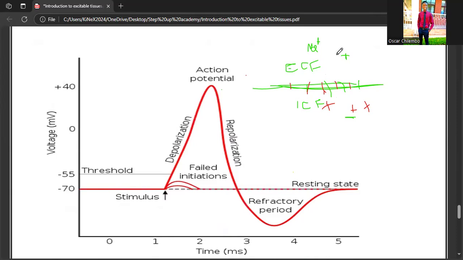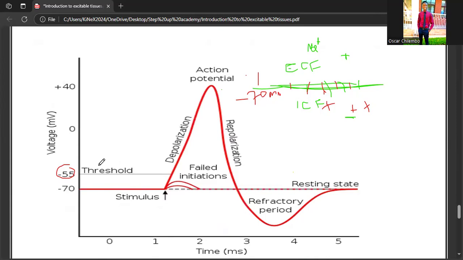So the resting membrane potential in a neuron is about negative 70 millivolts, as stated there. But since sodium starts rushing inside the cell, it starts to change until it goes to about negative 55, because sodium is entering and it's positive, changing the resting membrane potential from -70 to somewhere around -55.